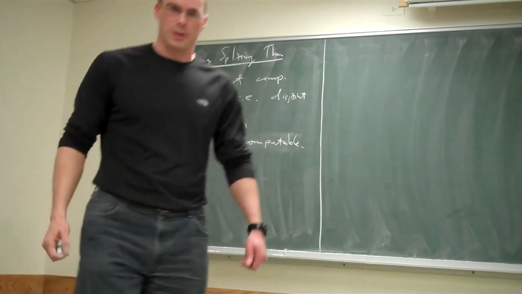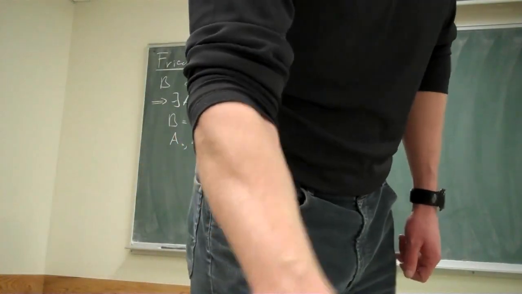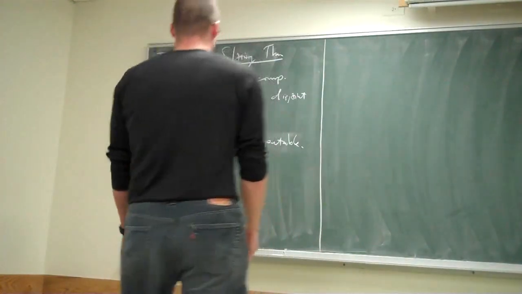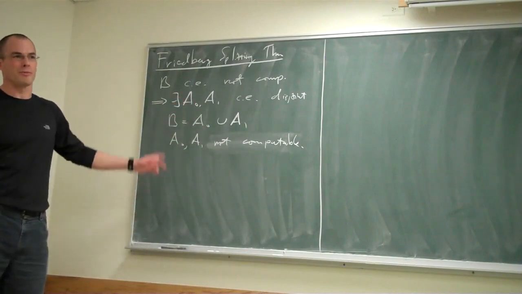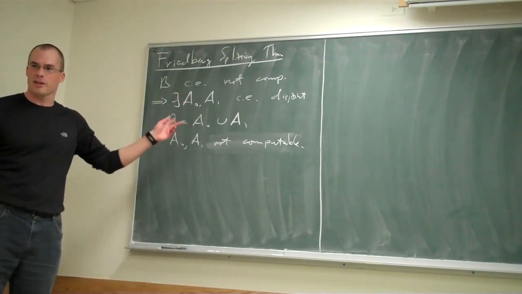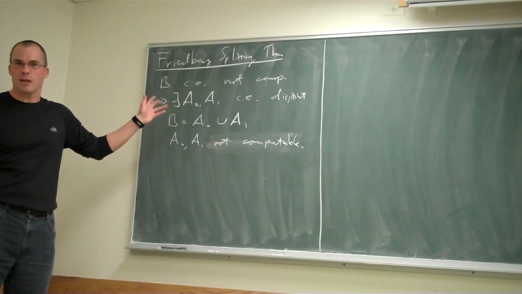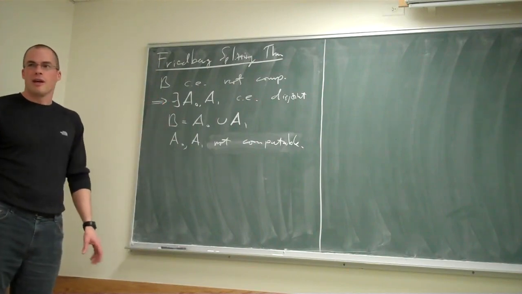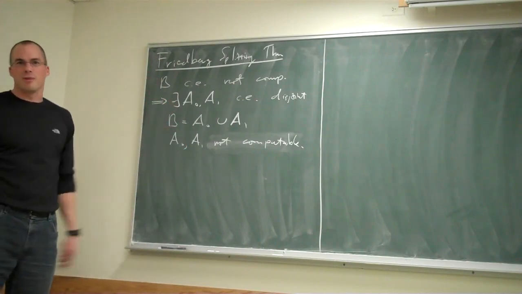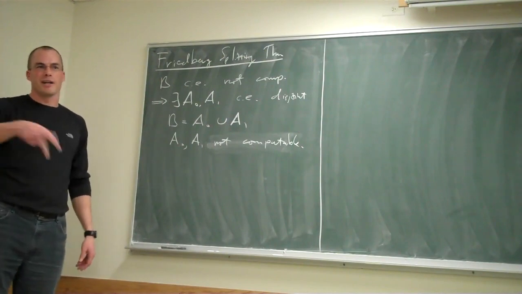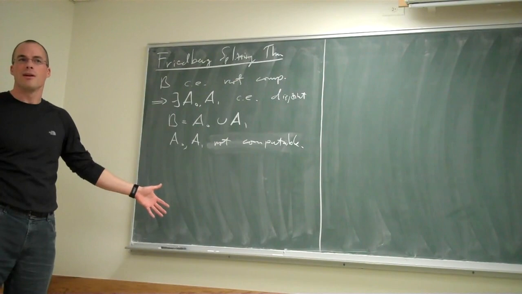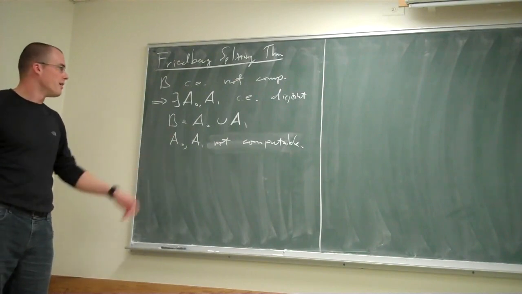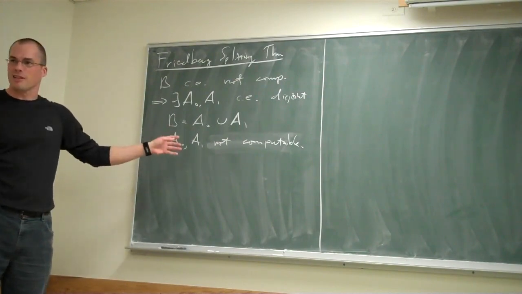But let me check that I got all requirements, because that looks about right. So if you leave out any of these requirements, you suddenly have a trivial problem where you can choose either A1 and A0 both equal to B, or you can choose A0 a finite subset of B, and A1 B minus that finite subset. But with all of these together, something really is happening.